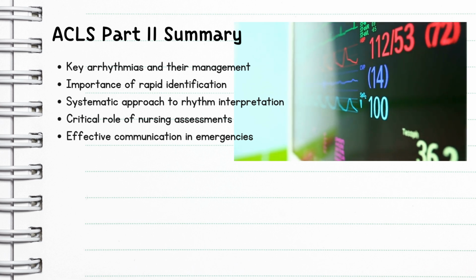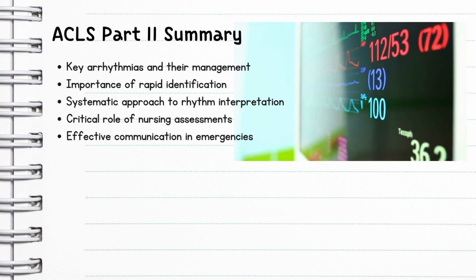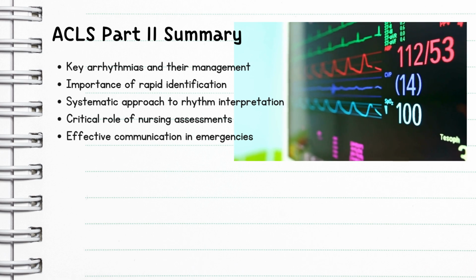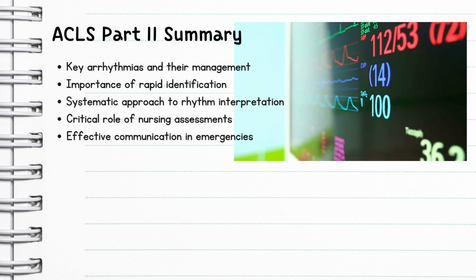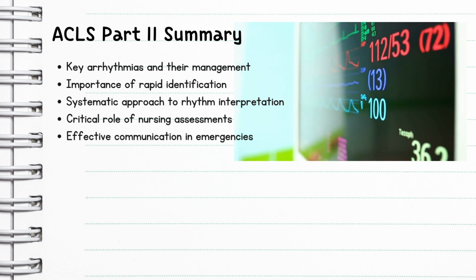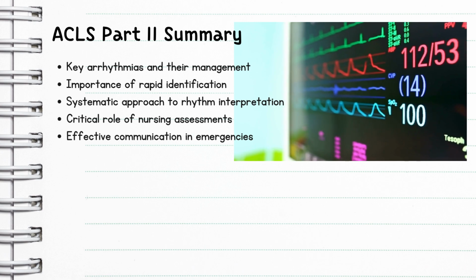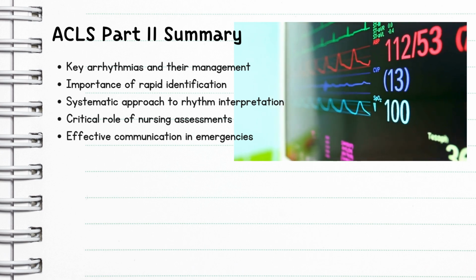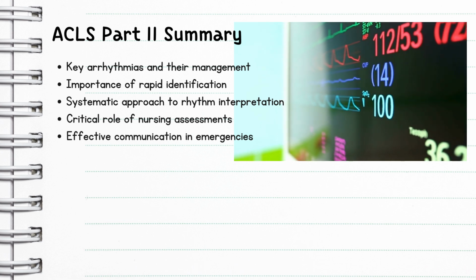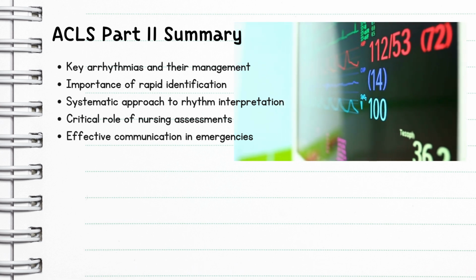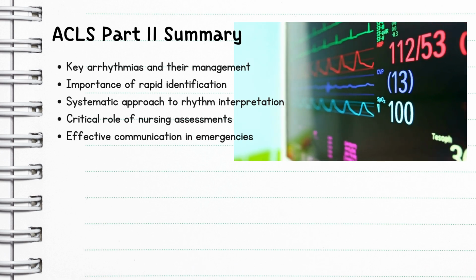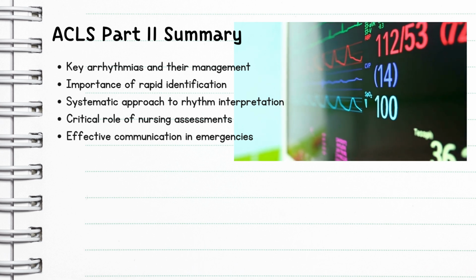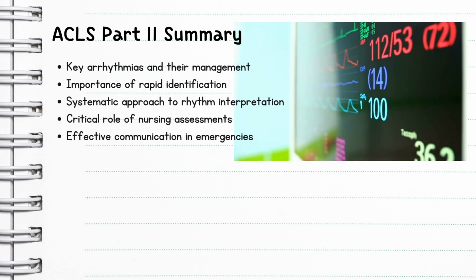Your nursing assessment skills are so important in identifying those symptoms and assessing stability, and also guiding you into what interventions you should do. Okay, so throughout all of this, effective communication with your team is also important, and will help make the successful resuscitation and avoid some missed opportunities to save your patient. So remember to stay sharp, go through that systematic process, and always think and put your patient first.